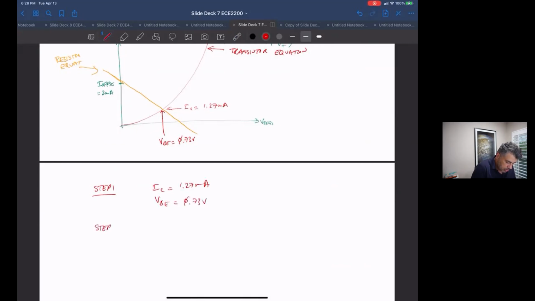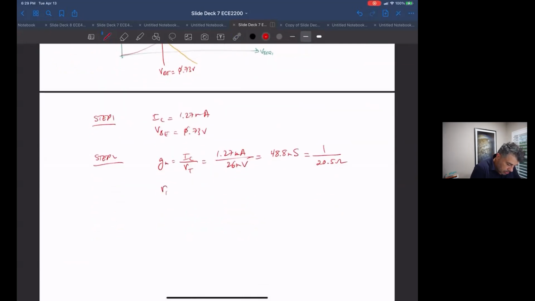Step two, we got G sub m is I sub c over VT, or 1.27 milliamps over 26 millivolts. That gives you 48.8 millisiemens, or another way to write it is 1 over 20.5 ohms.